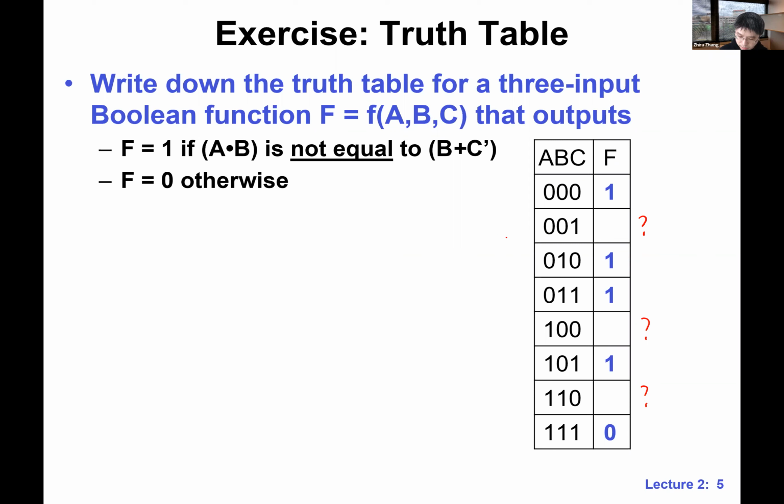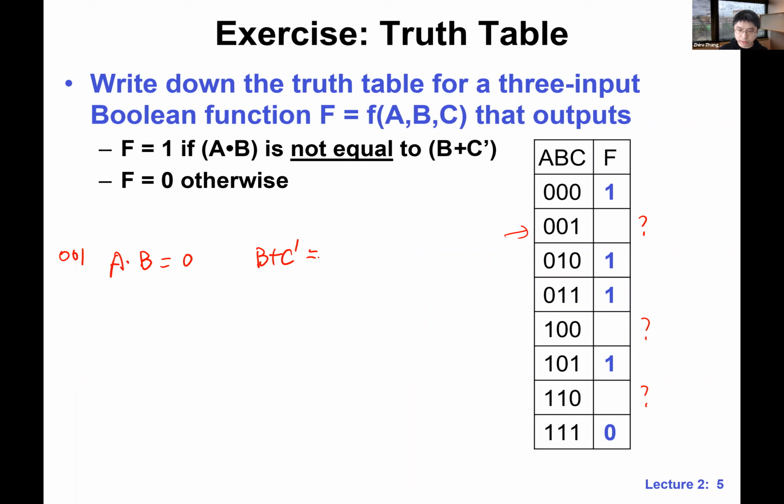Okay, let's look at this row. What are A and B for this row? 0, 0, 1. So A times B is 0. Okay, so B plus C naught, what is this? Again, 0, 0, 1.